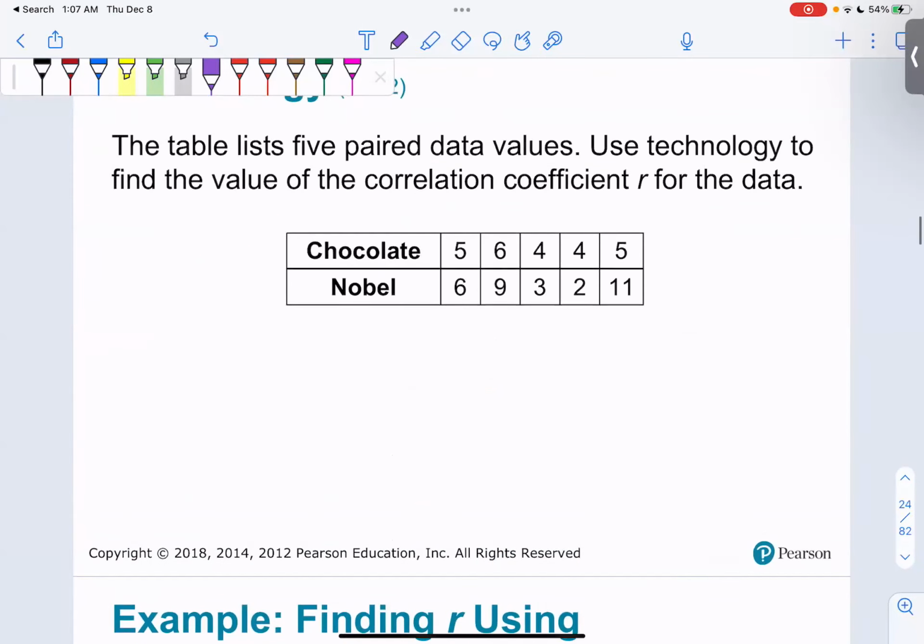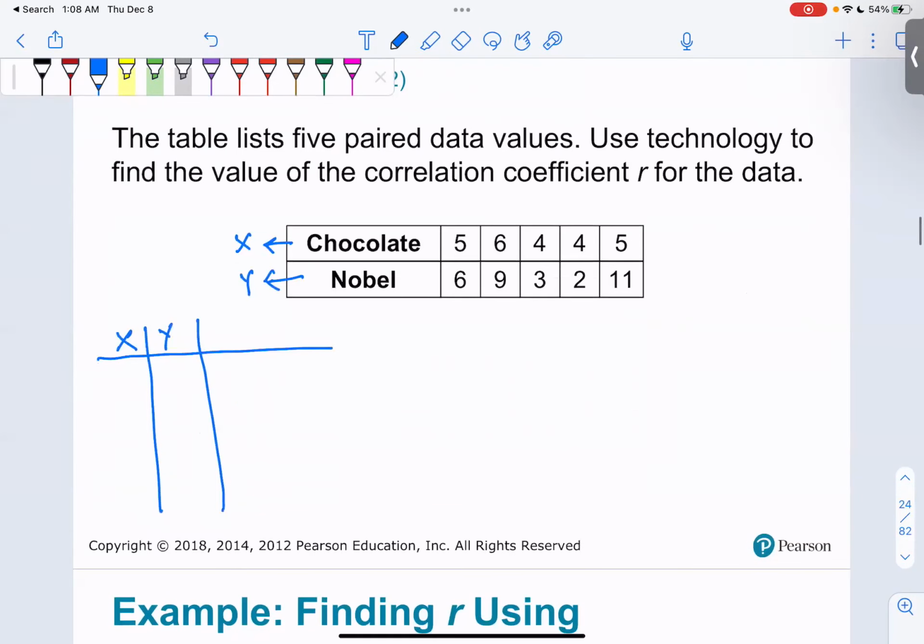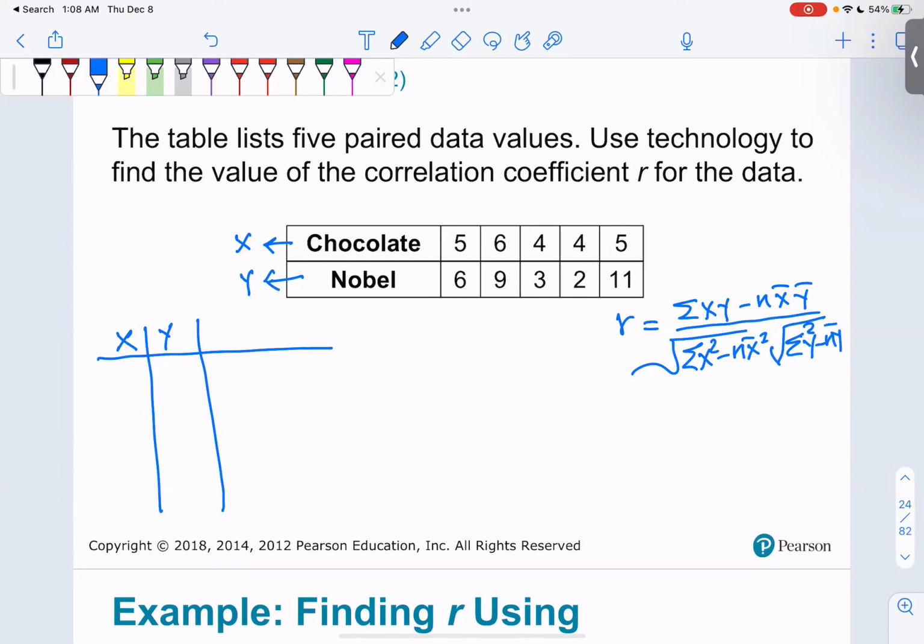Using technology, imagine this is X and this is Y. And then for R here, we said R equals the summation of XY minus n X bar Y bar, divided by the square root of summation X squared minus n X bar squared, times summation Y squared minus n Y bar squared.